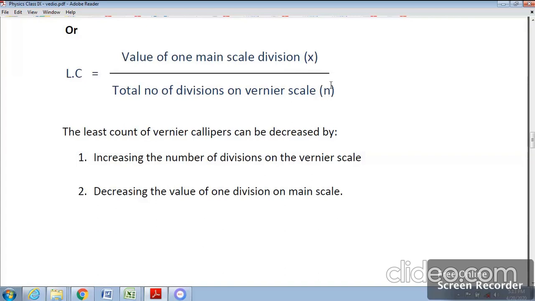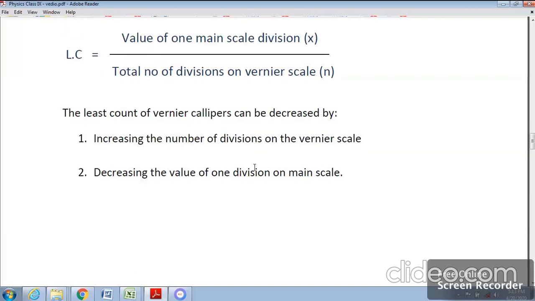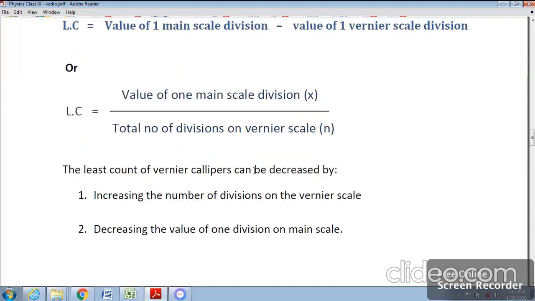As you can see, it is inversely proportional to the least count, so if we increase n, the least count will decrease. The second is by decreasing the value of one division on the main scale. That is, if we decrease x, the least count will decrease because it is directly proportional. So least count is the value of one main scale division divided by the total number of divisions of the vernier scale.